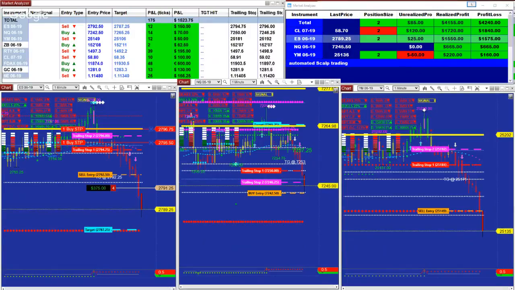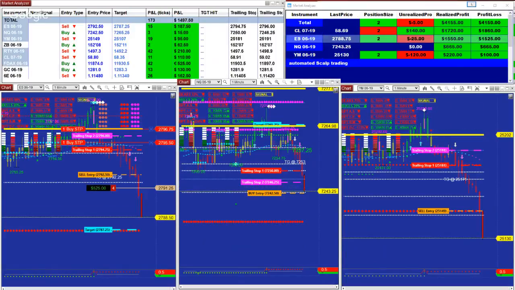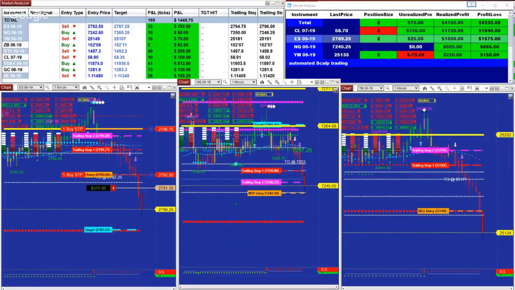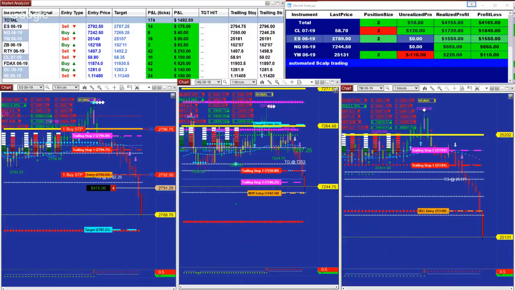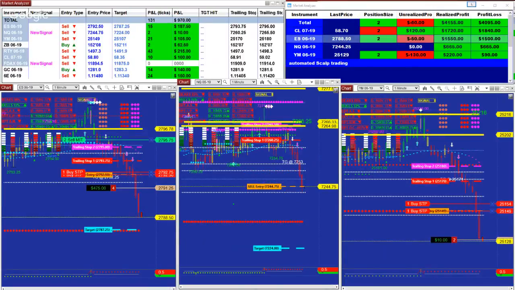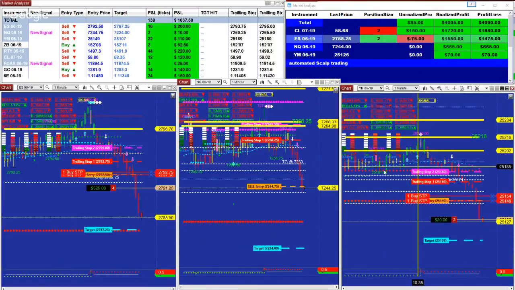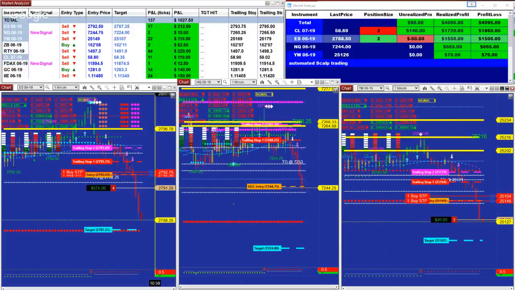So the Nasdaq sell order at 44.75, please.